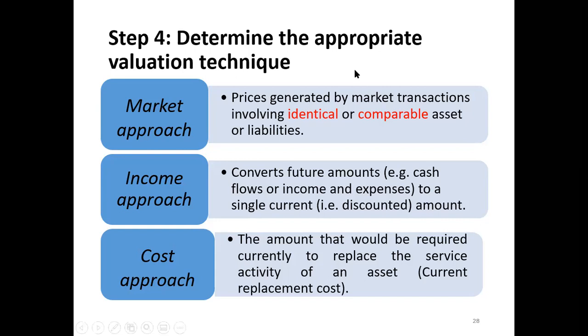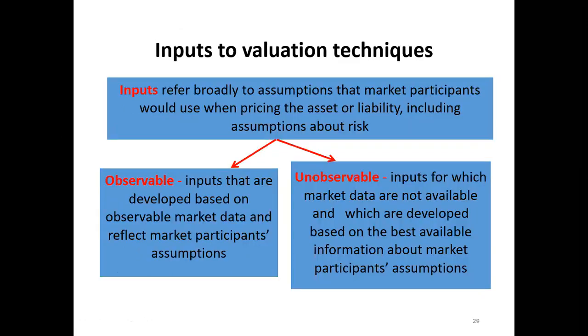Okay, that is about the different approaches. When it comes to a particular asset, you need to decide which of these three approaches gives you the best estimate of fair value. The market approach is more desirable, then the income approach, and only if there is no option, you can go for the cost approach, right?